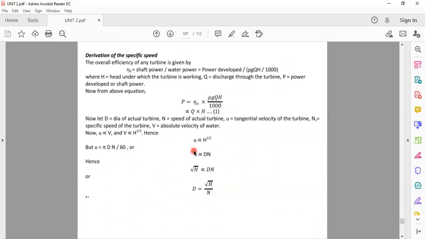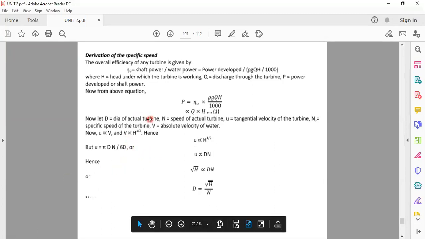So power equals overall efficiency times rho g Q H upon 1000, which is directly proportional to Q and H. Now D is the actual diameter of the turbine, N the speed of the actual turbine, U the tangential velocity of the turbine, Ns the specific speed of the turbine, and V the absolute velocity. So U is directly proportional to V, and V is directly proportional to the square root of 2gH, so V is directly proportional to the square root of H.